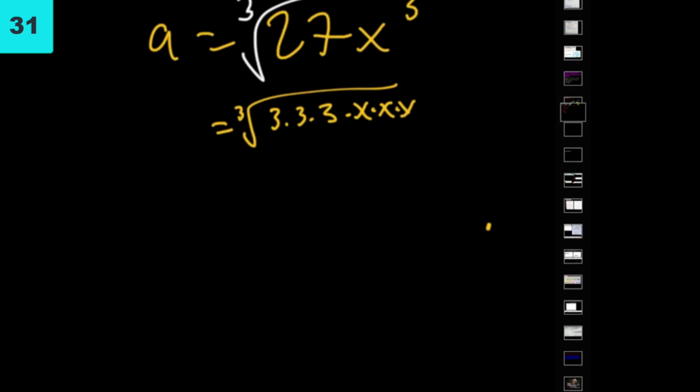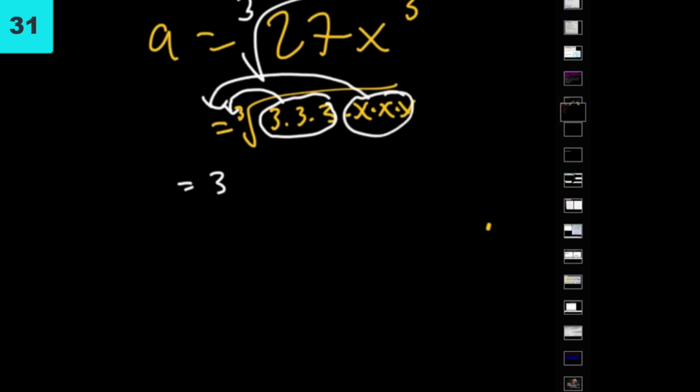Trying to find the cube root, and there are 3 of them to come out in the neighborhood, same exact, they can come out, that 3 is on the outside there. Same thing with these 3 x's, they can come out of the house into the scary neighborhood, but there's only one of them, right? So we have an answer of a equals 3 times x, or 3x.